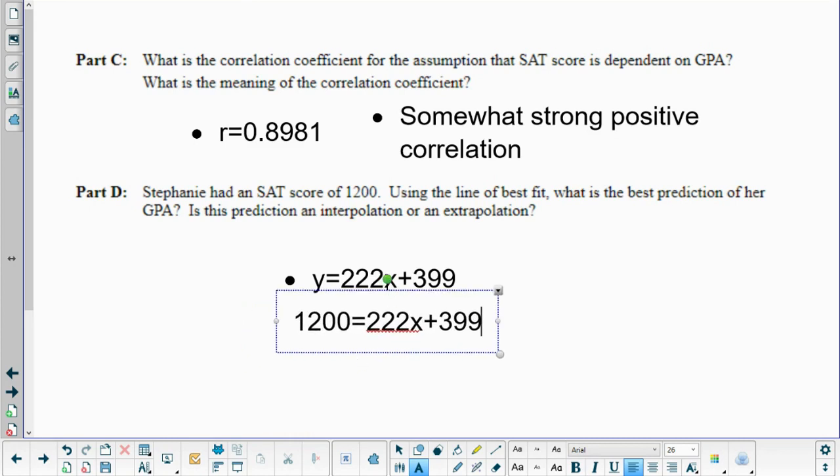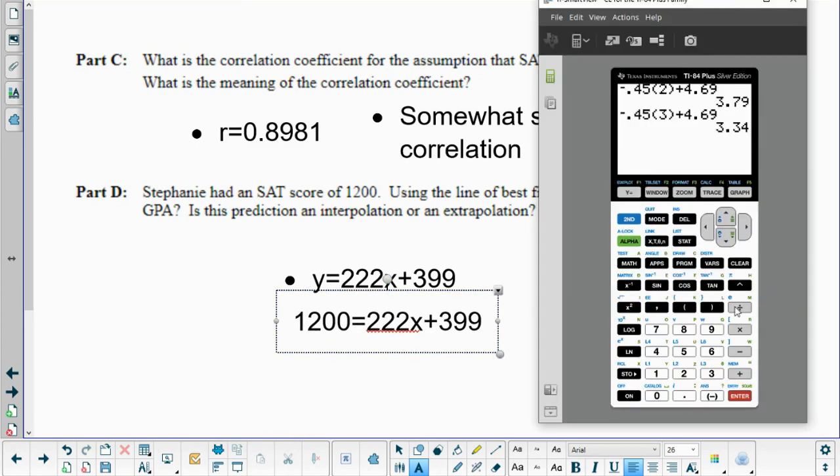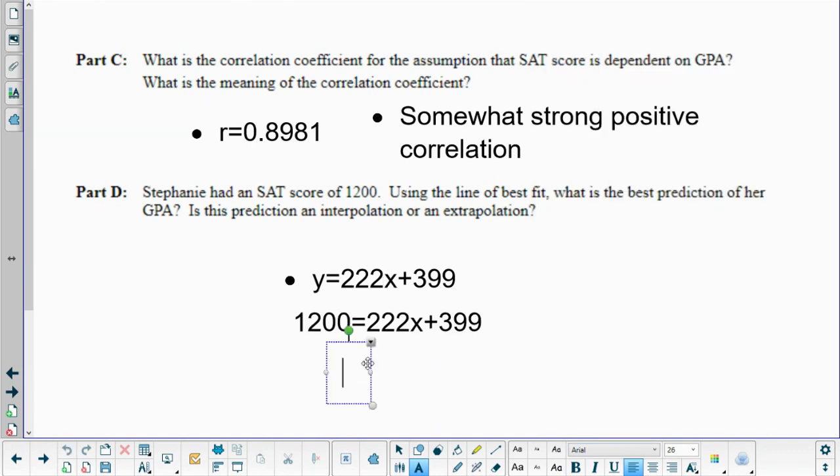So if I take 1200 minus 399, okay, I get 801. So I'm going to have 801 equals 222x.